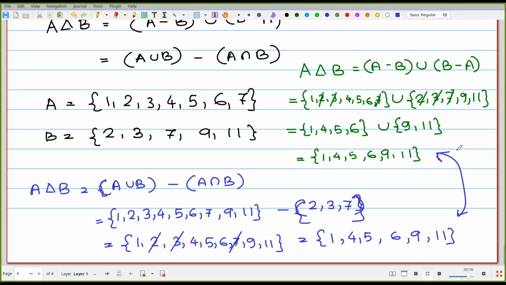So what are the four operations we have in set theory? First one is union. Second one is intersection. Third one is difference. Fourth one is the symmetric difference. Then how can we represent it diagrammatically in the Euler diagram or Venn-Euler diagram? Let's check with the first operation, the union.